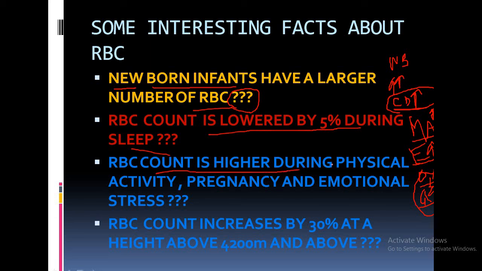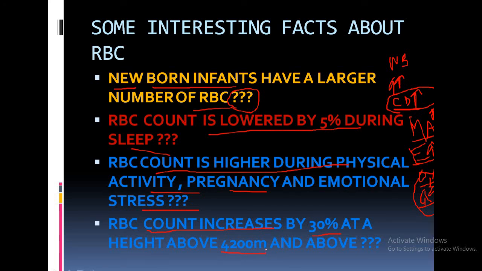Then the RBC count is higher during physical activity, pregnancy or emotional stress, because there will be more requirement of energy, and to fulfill that requirement, the RBC count is higher.